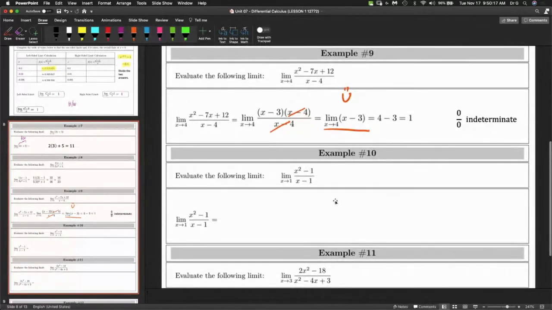So how about this one here? If you plug in 1 for x, if you put 1 on the top, what do you get? What's 1 squared minus 1? And what do you get on the bottom? So again, you have a situation where it's indeterminate. So that means that you need to factor.